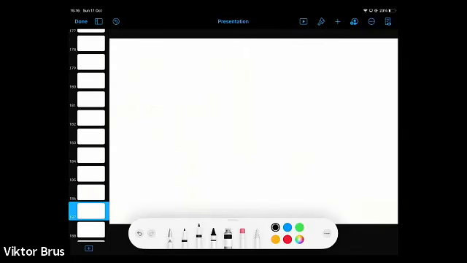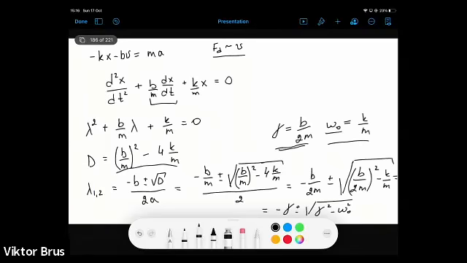Excuse me, Professor, shouldn't we have written that omega 0 equals the square root of k divided by m? Wait a second.